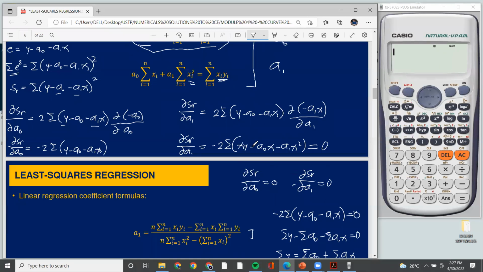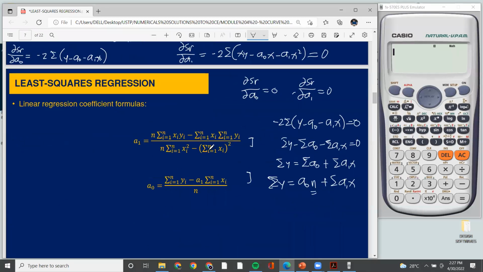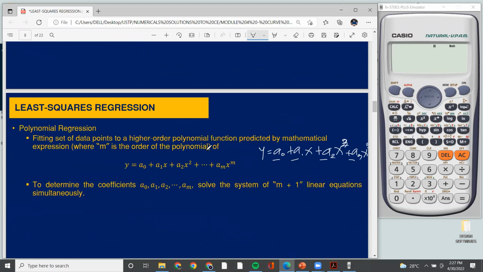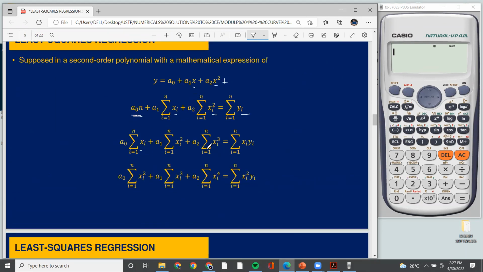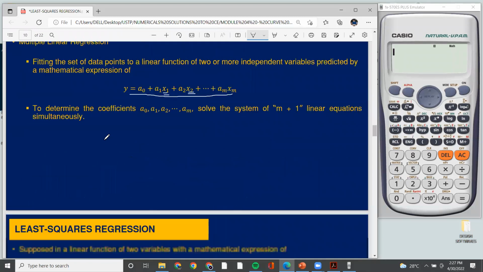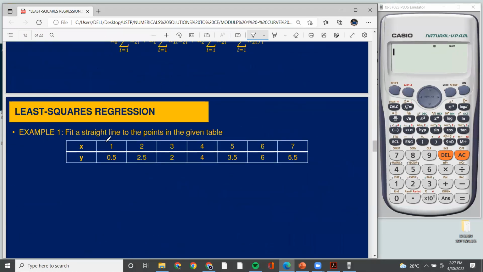Then, summation of a sub 0 times the summation of x, this one. And the a sub 1 summation of x squared, mo ni siya. Okay? So, mao na ang pag-derive. Example sa pag-derive sa equation. Okay? Same ra gihapon na diri. Now, let's go to the example.